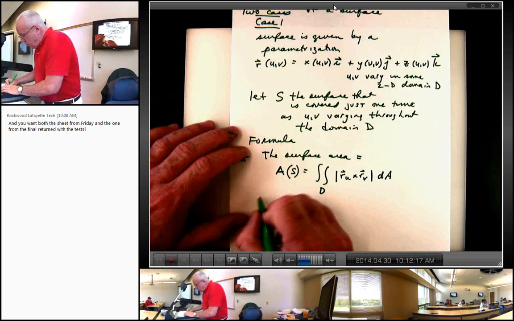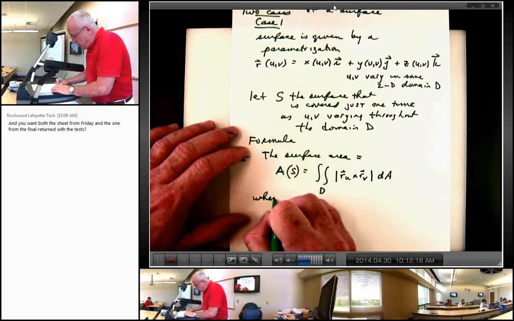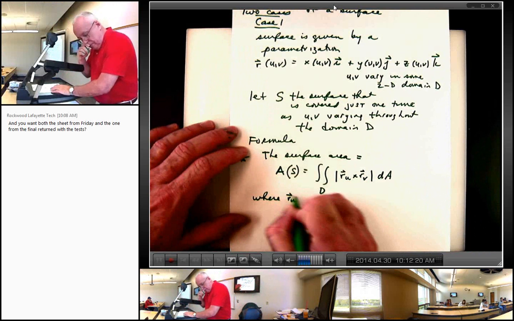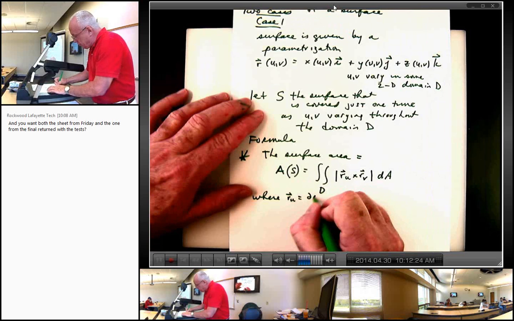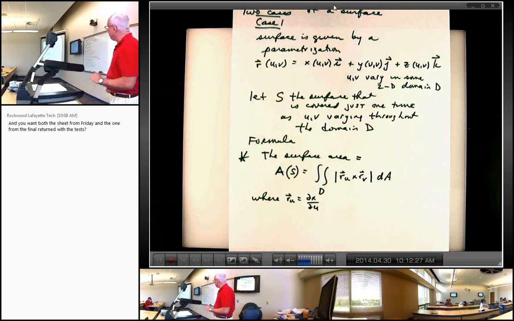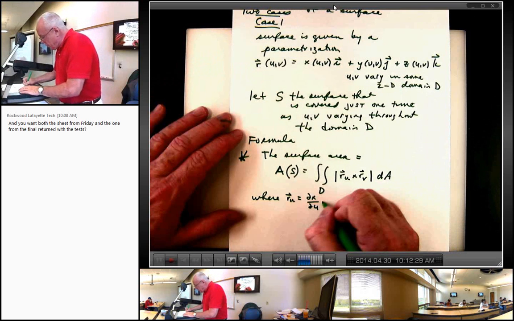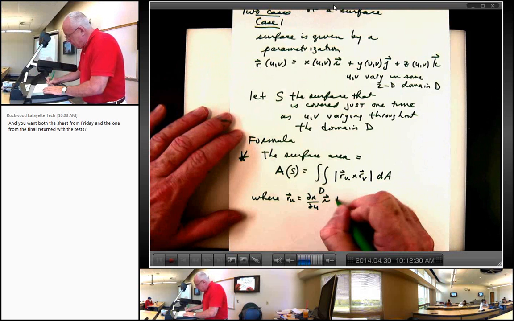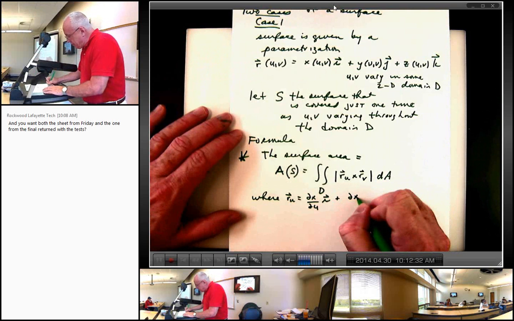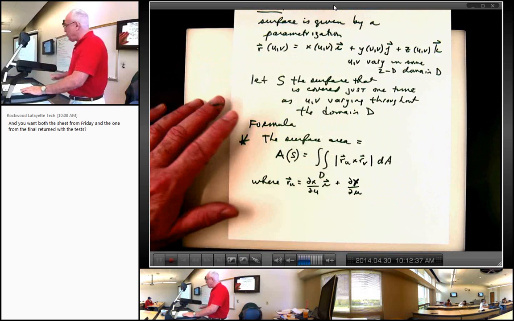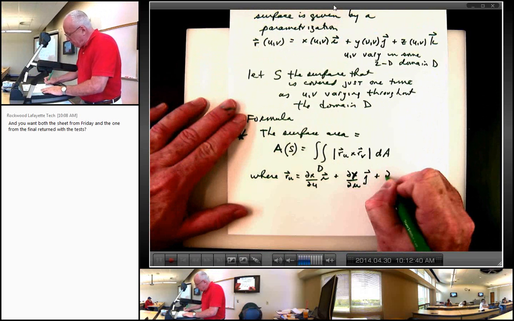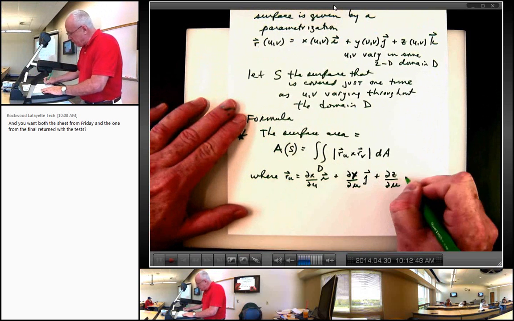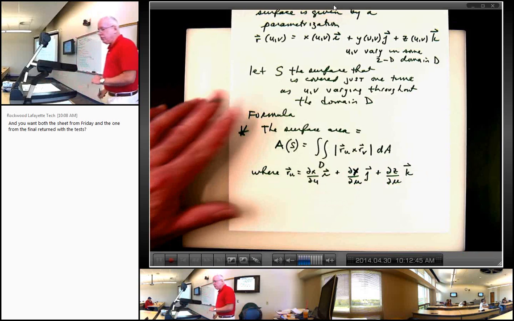So r_u is, here's our surface. So r_u is the partial derivative of the first component with respect to u times the vector i. The partial derivative of the second component, again with respect to u, times the vector j, plus the partial derivative of the third component, again with respect to u, times the vector k.